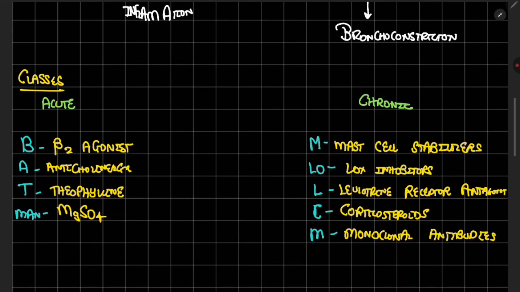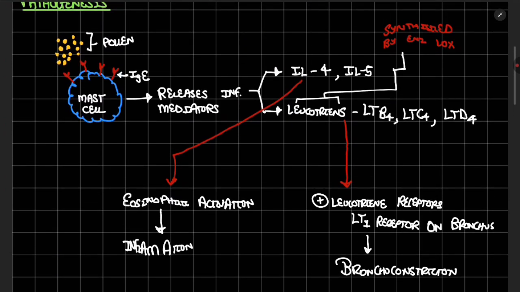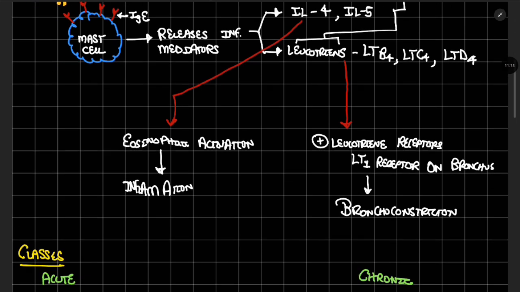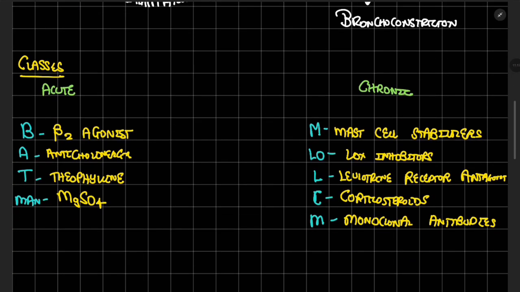If we inhibit this LOX, leukotrienes will not be formed or will be formed less, and therefore they will act on the leukotriene receptors only at a very small scale, and we will see decreased bronchial constriction. Now coming to the leukotriene receptor antagonist.